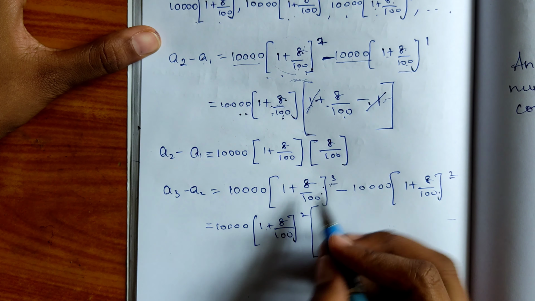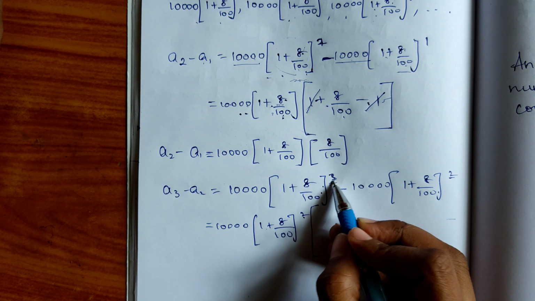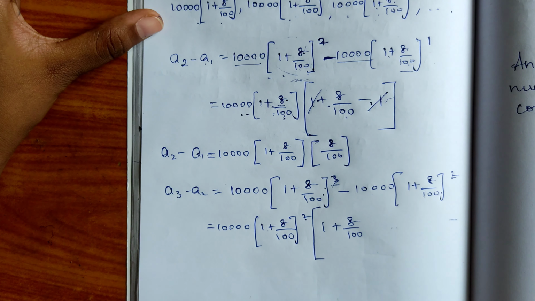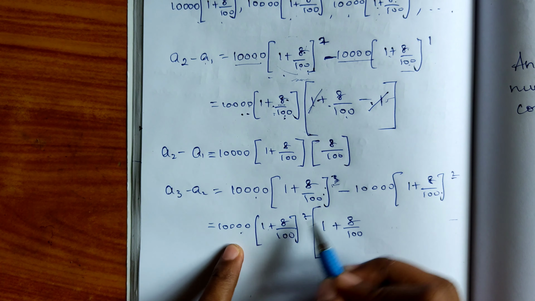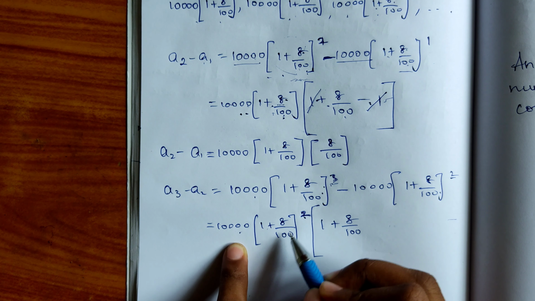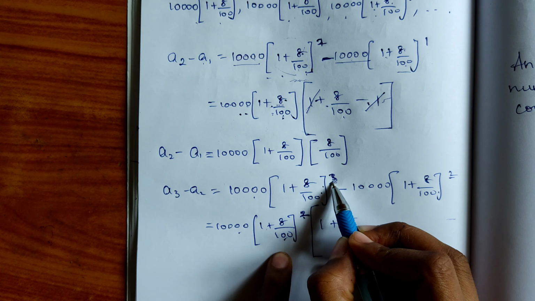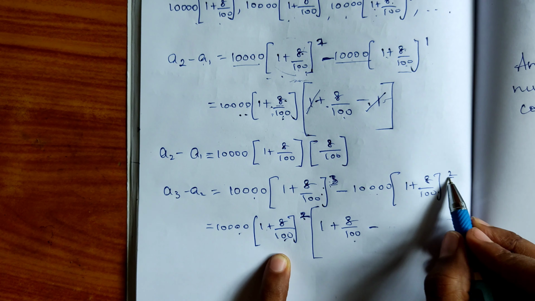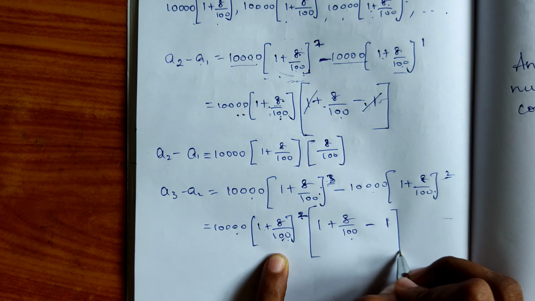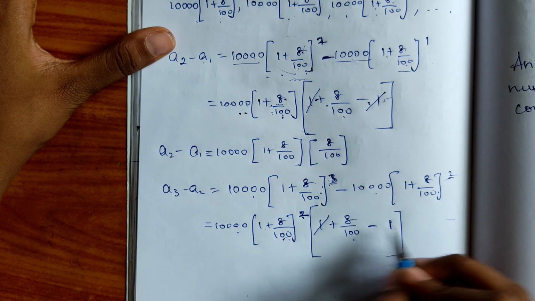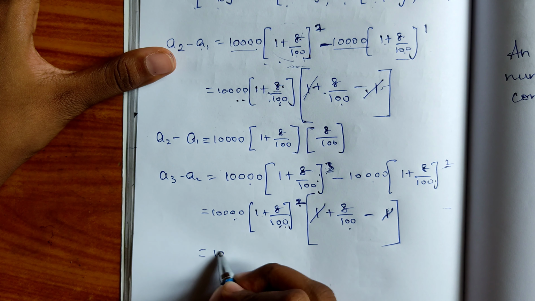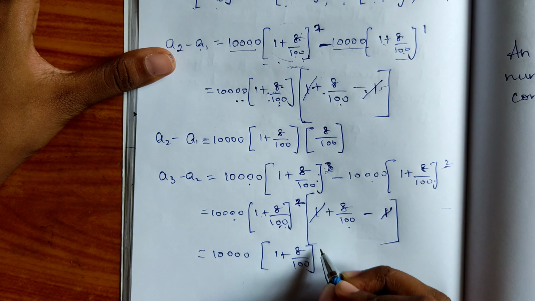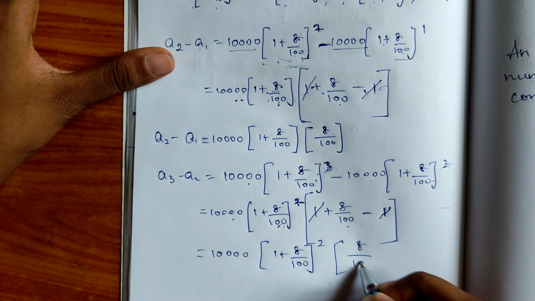Since 2 times is common, only 1 time remains from the 3 times, so 1 plus 8 by 100, minus 1 for the second term. The 1 minus 1 cancels, so you have 10,000 into 1 plus 8 by 100 squared, and remaining here 8 by 100.